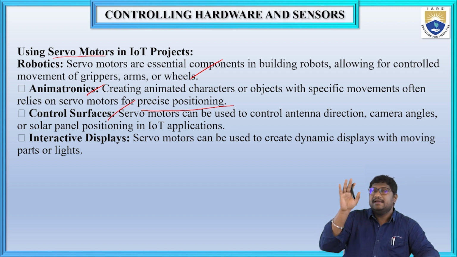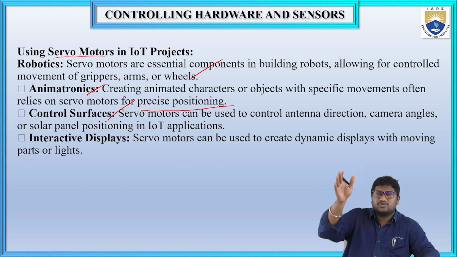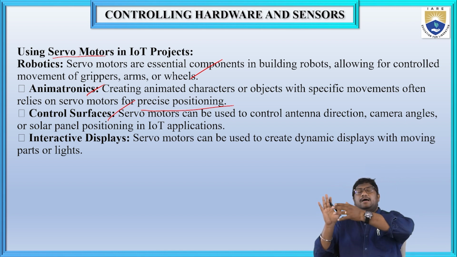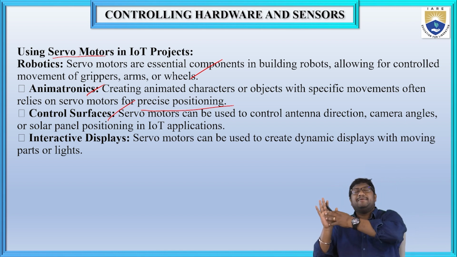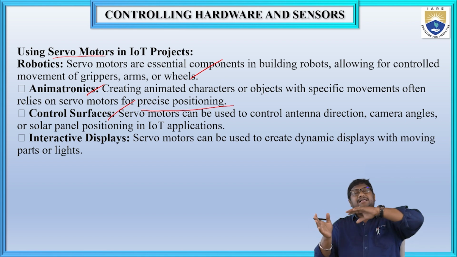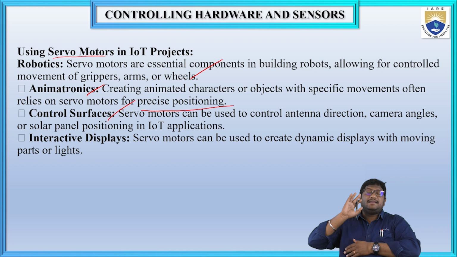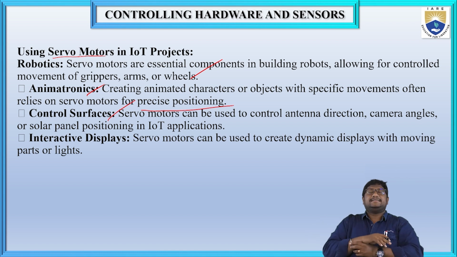In the morning the sun rises from the east, so the solar panel has to be focused towards the sunlight projected onto the panel. In the evening the panel has to be turned automatically based on the sunset. Got it? This is how the controlling surface factor is automated with the help of a servo motor.